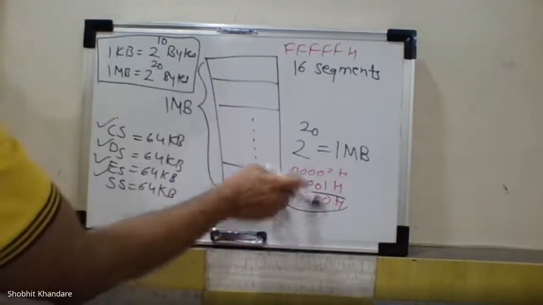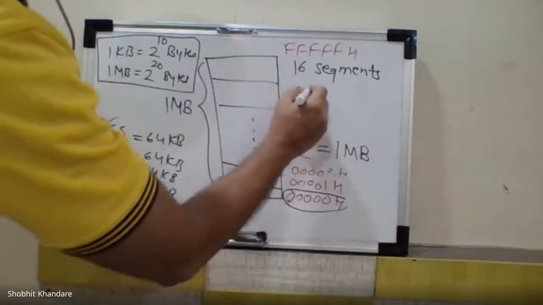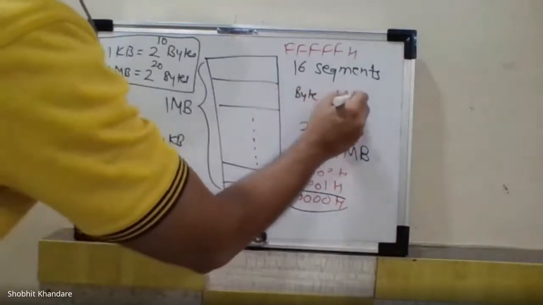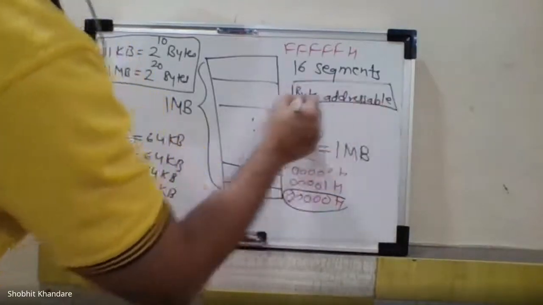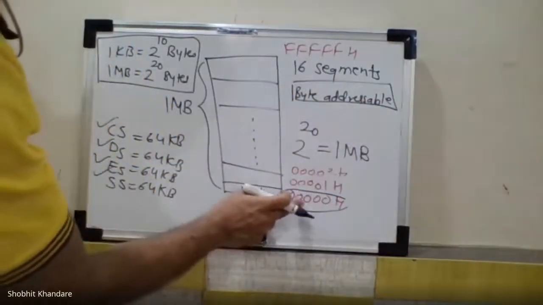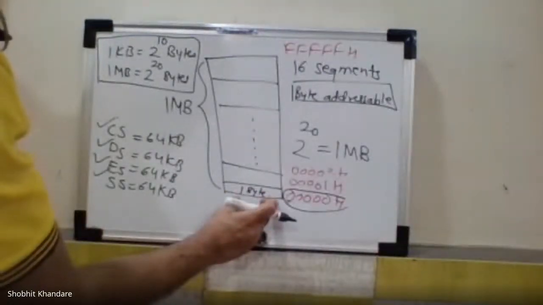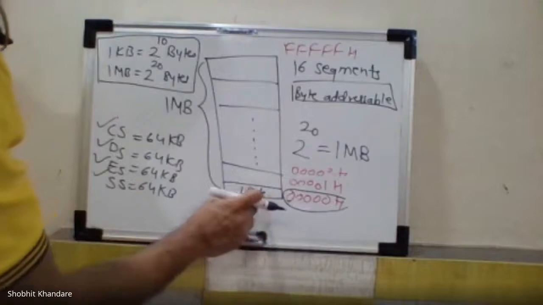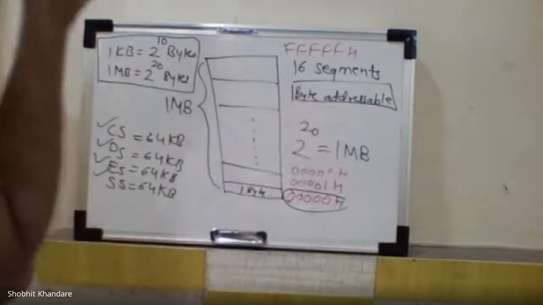That is why these addresses are also called byte addressable. Please write down byte addressable. Byte addressable means that every location will store 1 byte, that is 8 bits. That is why each location is called byte addressable.